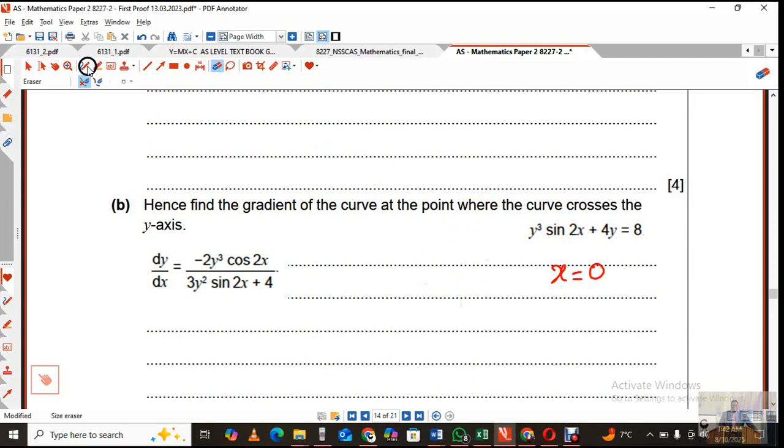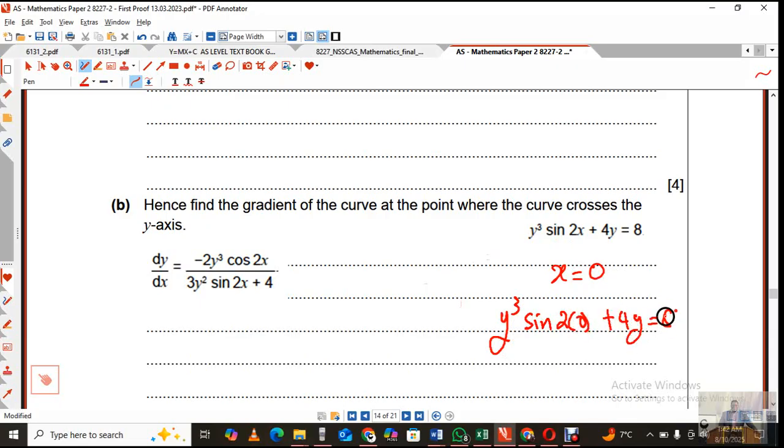Now we have that one point, but our gradient function is given in terms of x and y, and that happens most of the time with implicit differentiation. So we need the corresponding y value. Hence, we take that x value, which is 0, and substitute it into the function, everywhere you have an x.